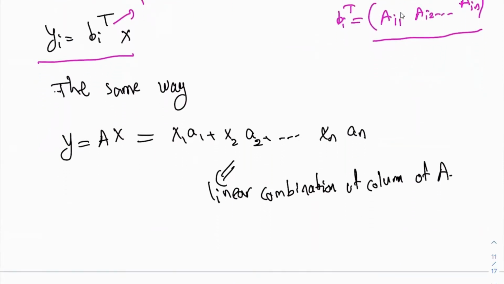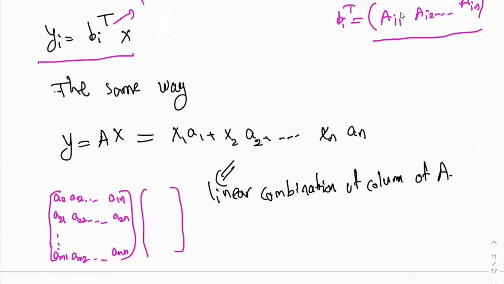What it means is that let's again write matrix A as a11, a12 all the way to a1n, a21, a22, all the way to a2n, and then all the way am1, am2, all the way to amn, and then you have x1, x2, all the way to xn here. So let's just multiply them. Let's see what you get. You multiply by the column vector x.